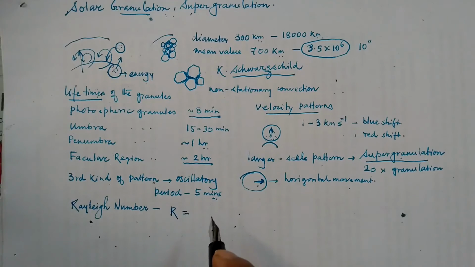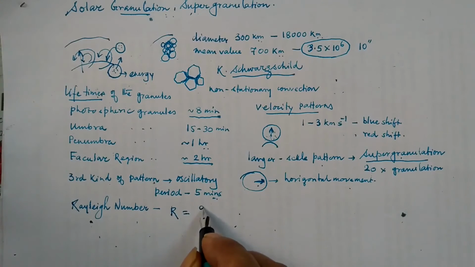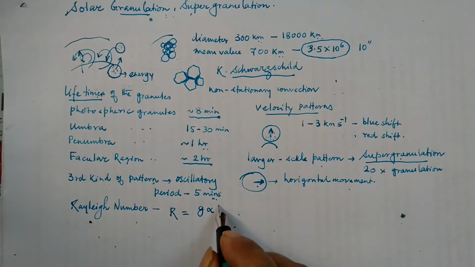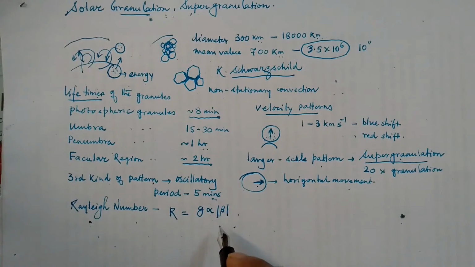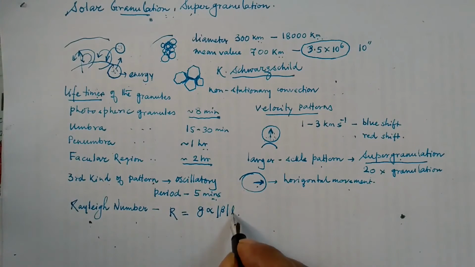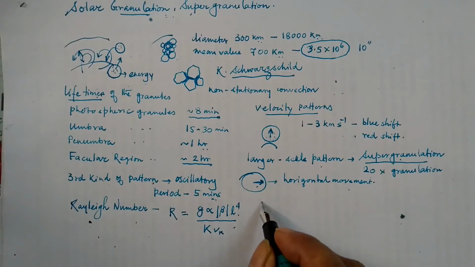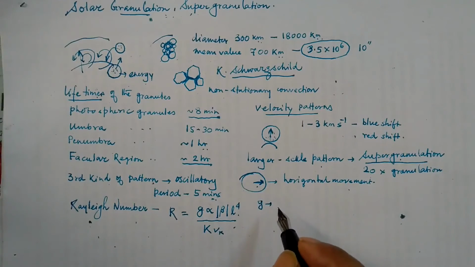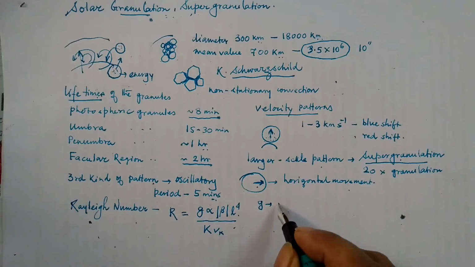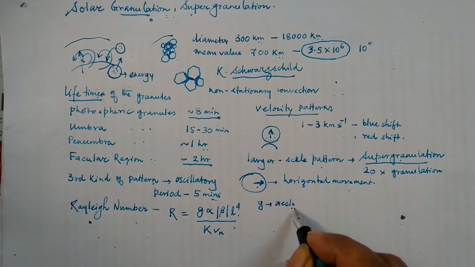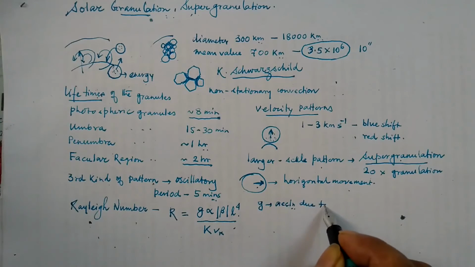So this R is essentially G into alpha multiplied by beta and L to the power 4, divided by K and Vk. And G is, as you all know, the acceleration due to solar gravity.